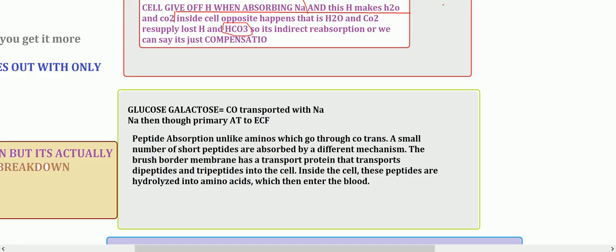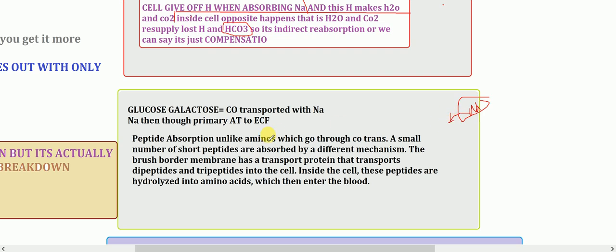They are co-transported with sodium. Sodium gets co-transported with glucose and galactose, and once inside the cell, the cell is not the destiny for the sodium. It has to leave the cell as well.